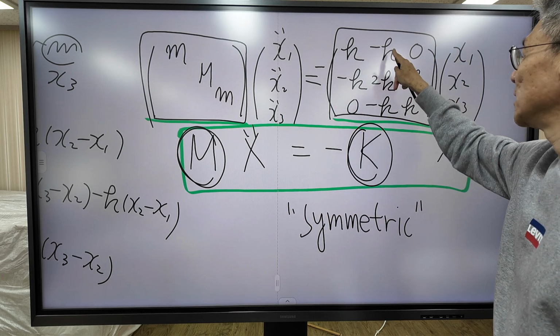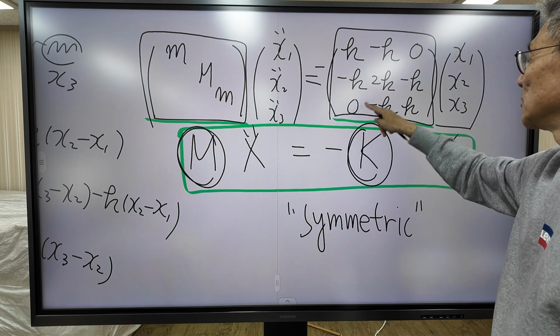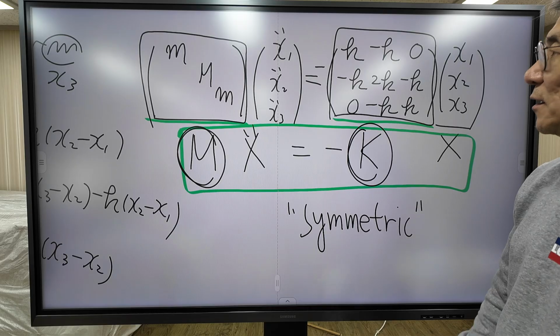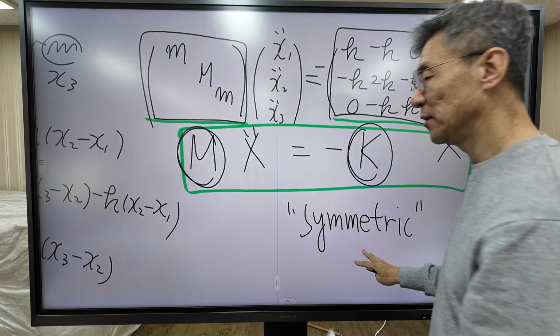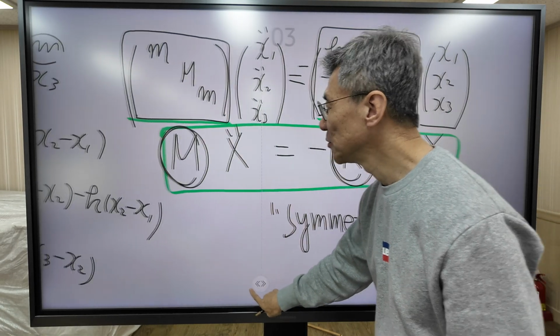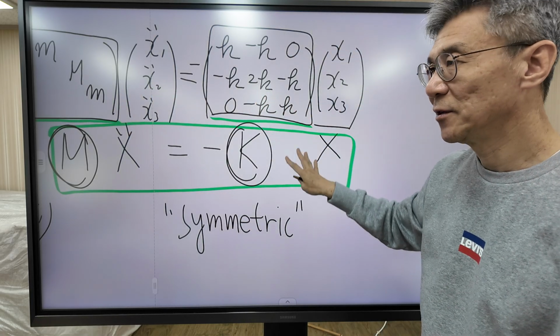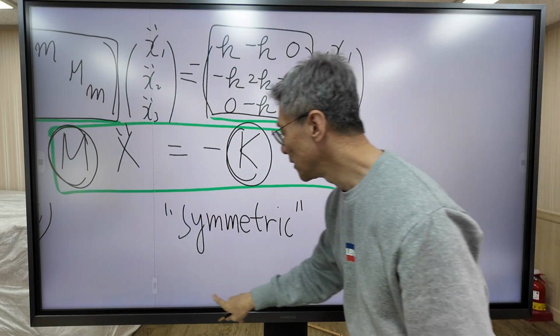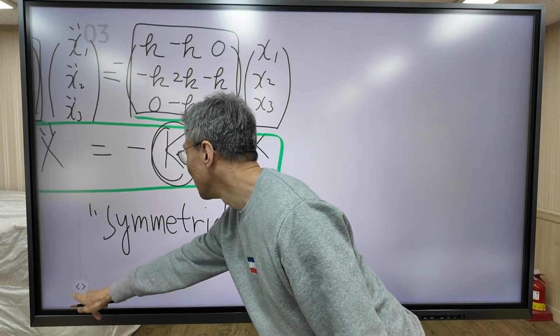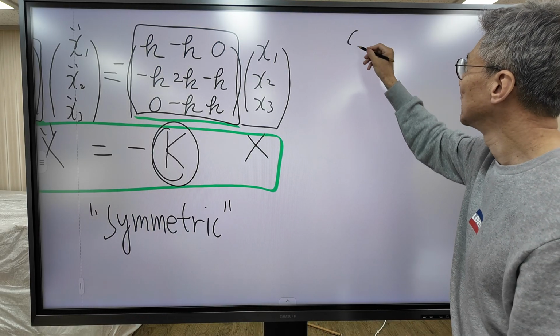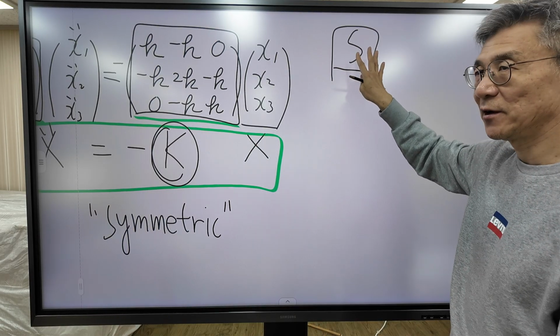It is symmetric. Minus k, 0, 0, minus k. Both matrices are symmetric. And according to mathematicians, when two matrices are both symmetric, we can always find a matrix S. This matrix is very, very important.